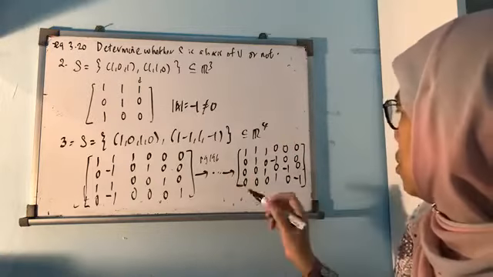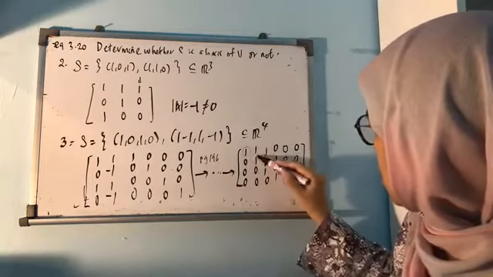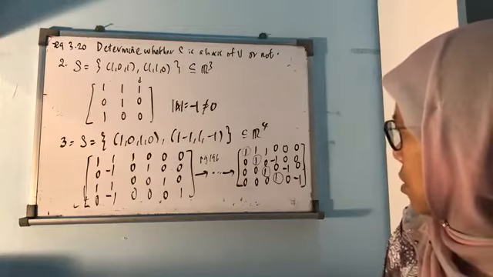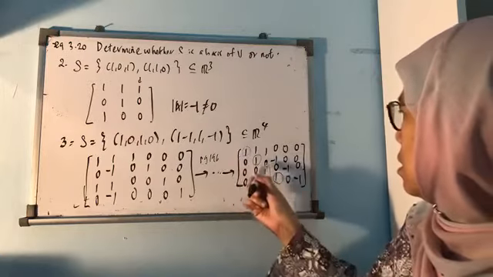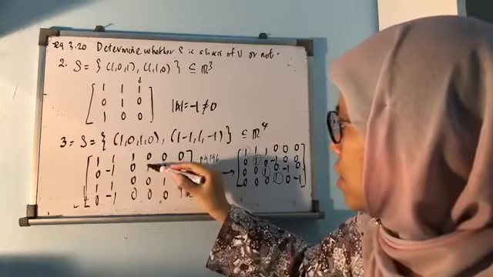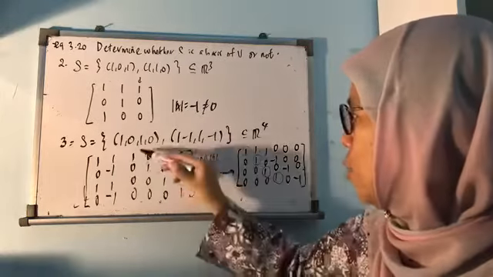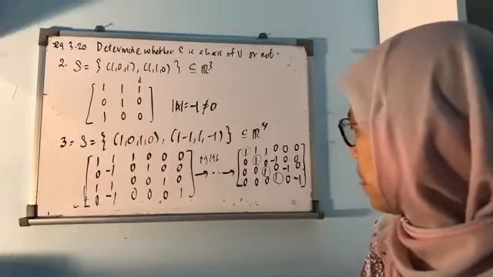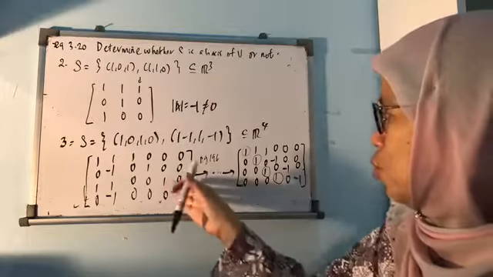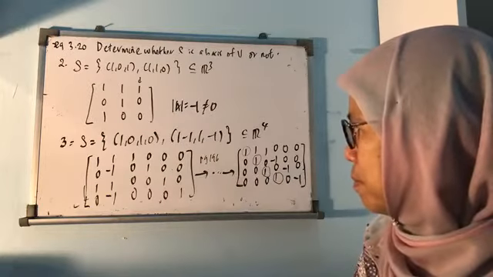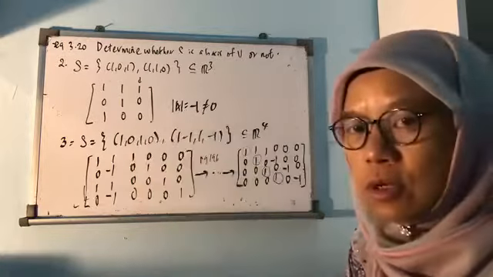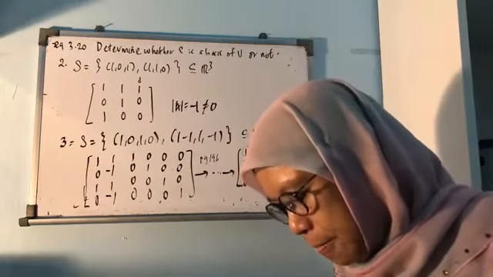Okay, so this is already row echelon, right? It's not row reduced, but it is already row echelon. So from this one, you can choose the first 4. Okay, 1 2 3 4. So this becomes the basis. You add these two. Okay, sometimes it skips this one, it goes to the next column, so you will choose the right column. So this is the way to add until it is a basis. Originally it is not, because it does not span. Yeah, that is number 3.